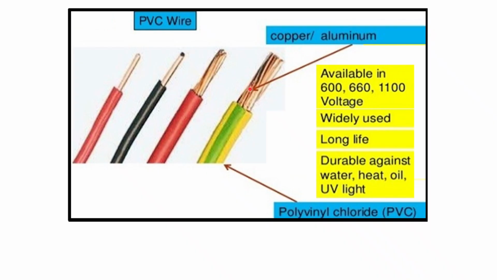This may be copper or aluminum. They are available in 600, 660, 1.1 kV voltage. They have long life. They are durable against water, heat, oil, ultraviolet light.